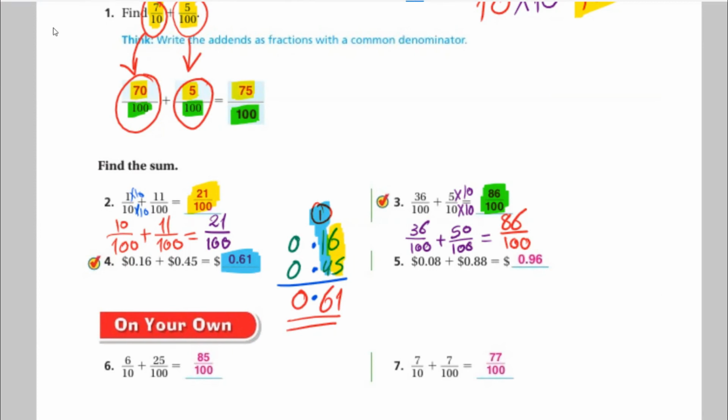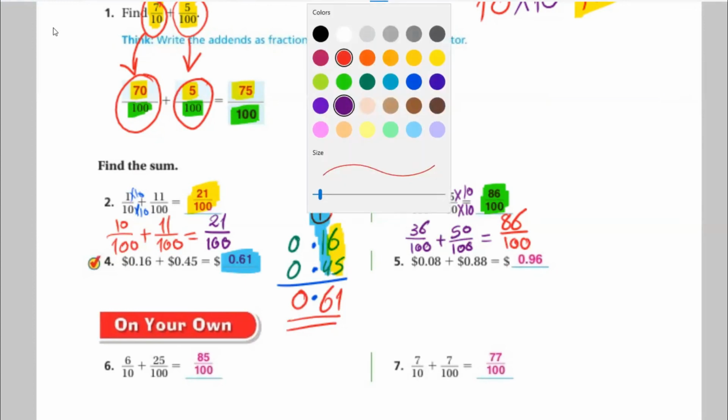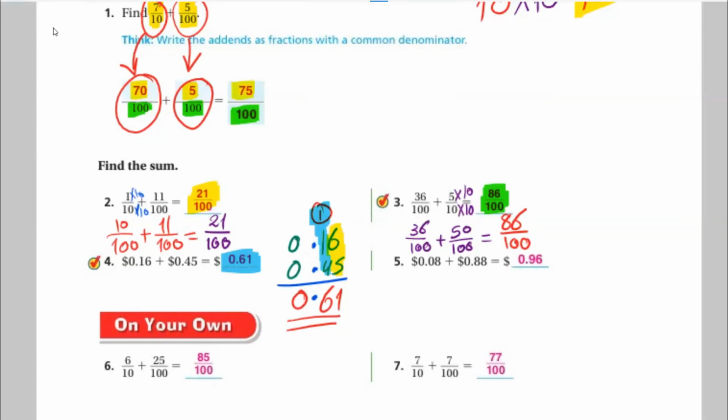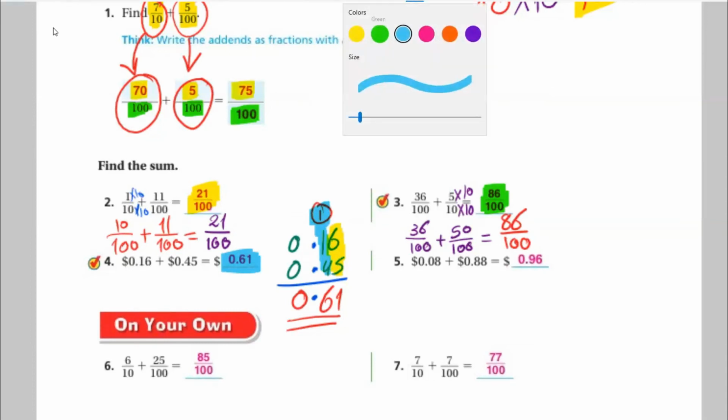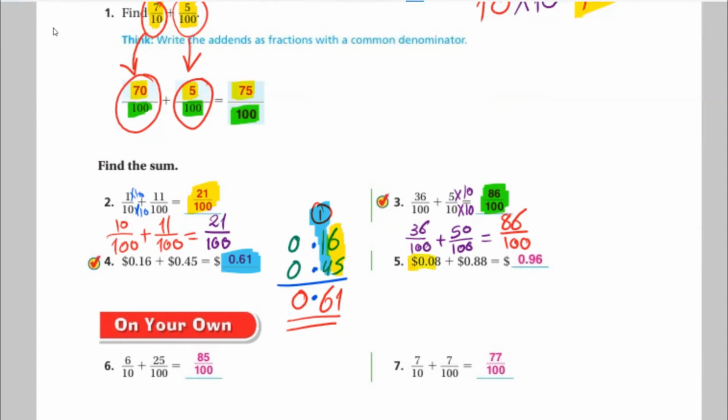Yes, Sulaiman, can you hear me? Yes, I can hear you. How can we add them together? Number 5. I'm asking about number 5. Ah, okay, number 5.